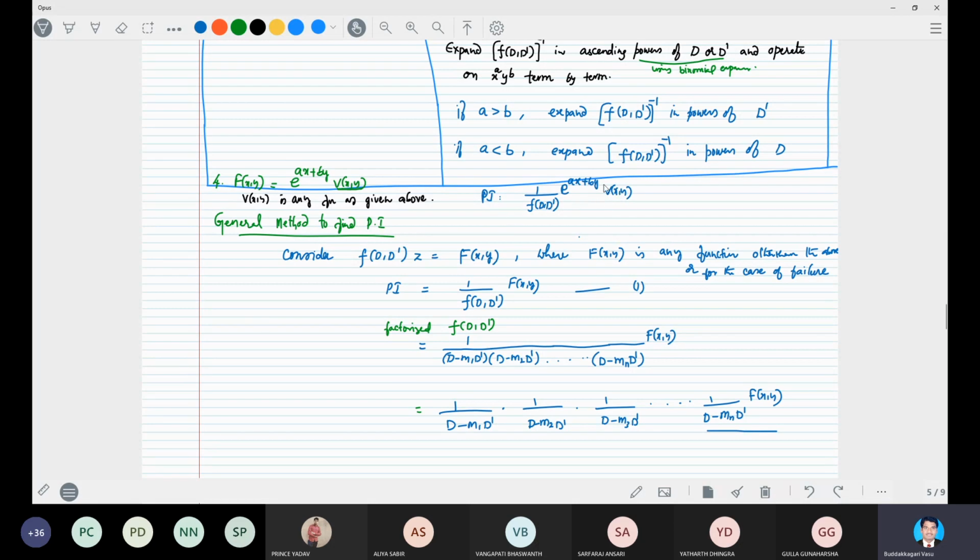Its value is equal to, so here we have to operate 1 by f D D dash on the product of two functions. One is e power ax plus by, into v of x comma y, right?